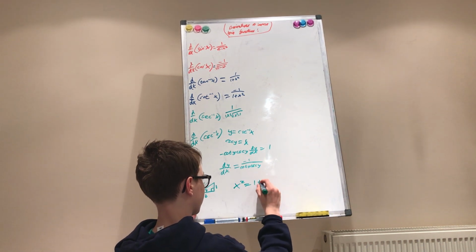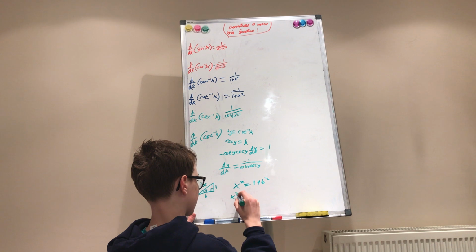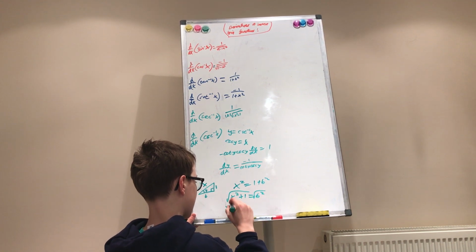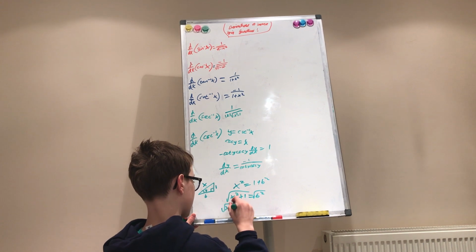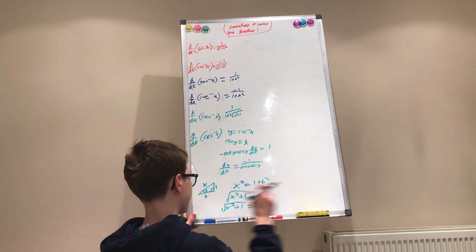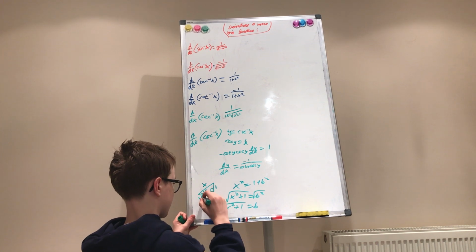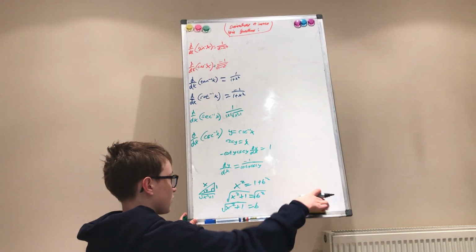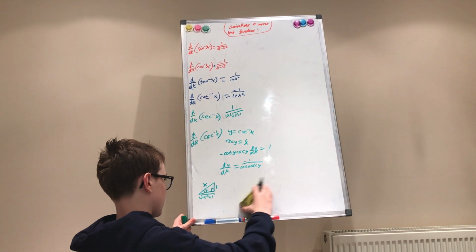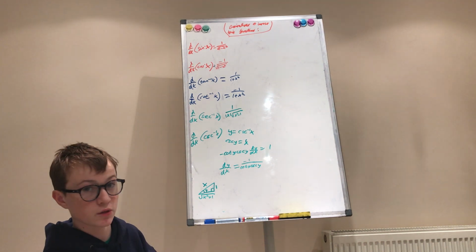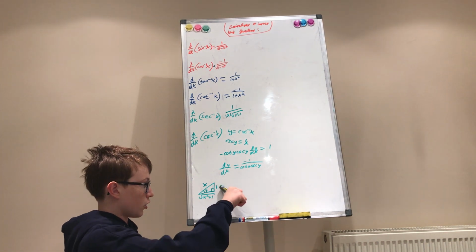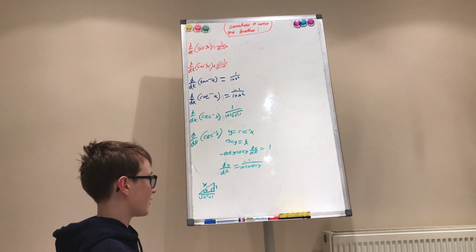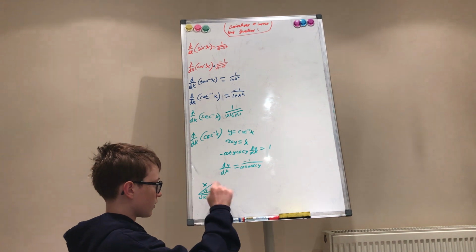X squared equals 1 plus b squared, which means that x squared plus 1 equals b squared, which means that taking the square root on both sides leaves us with the square root of x squared plus 1 equals b. So we can put that in there, square root of x squared plus 1.